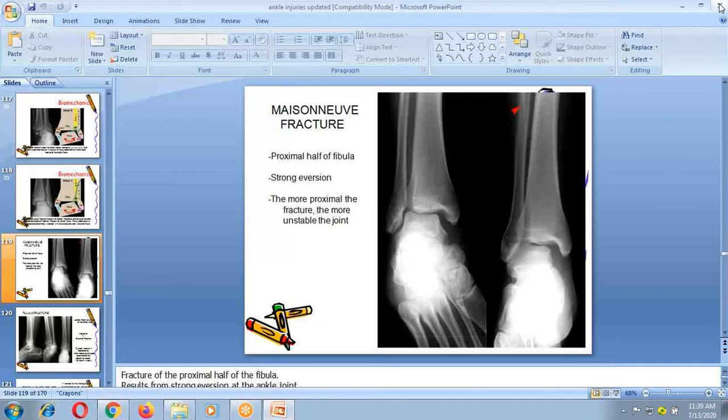We treat with surgery. The lateral malleolus must be fixed and the medial malleolus must be fixed. Whether the fracture is above the syndesmosis or below the syndesmosis is very important. If the fracture is a little above, you have to go for a plate. If the fracture is exactly at the tip of the lateral malleolus, then you have to go for cannulated screws. For the medial malleolus, no doubt, we go for cannulated malleolar screws.